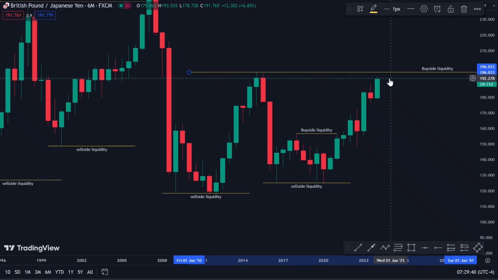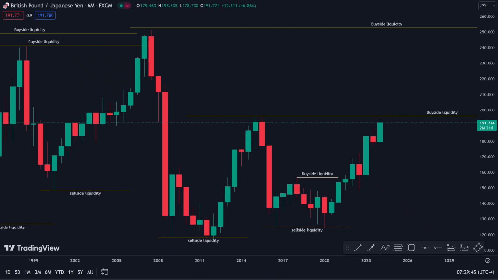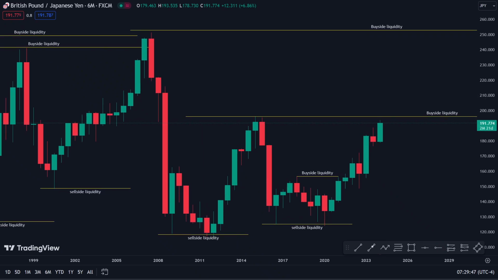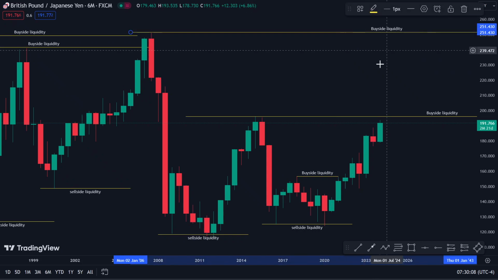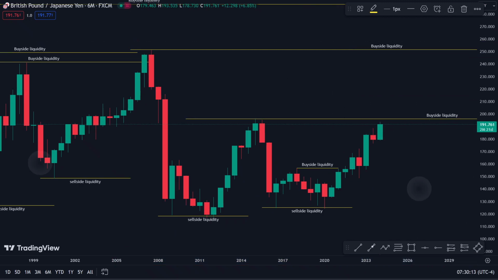So as such, my bias for the pound yen is rather bullish, strongly bullish, and I'm anticipating this to act as our draw on liquidity. So we have one over here that has not been taken out, and if we become over ambitious, we might probably get to this over here.